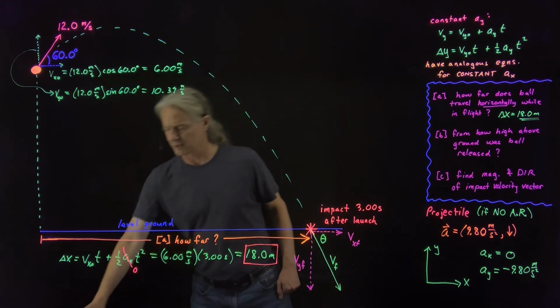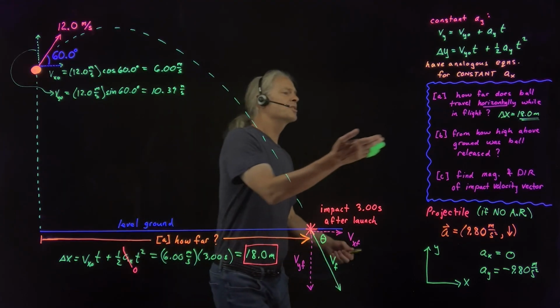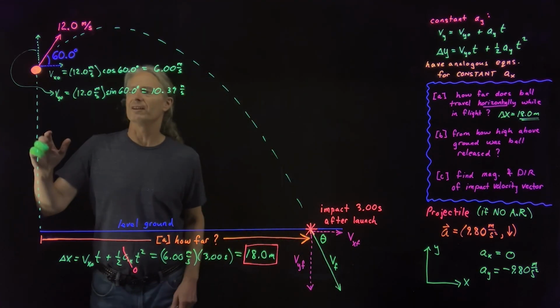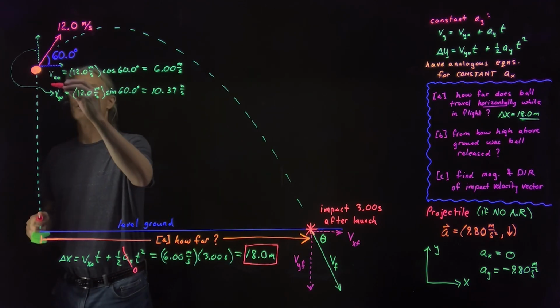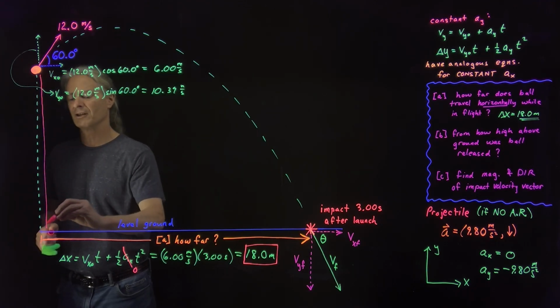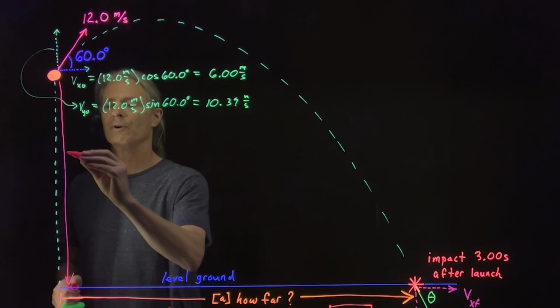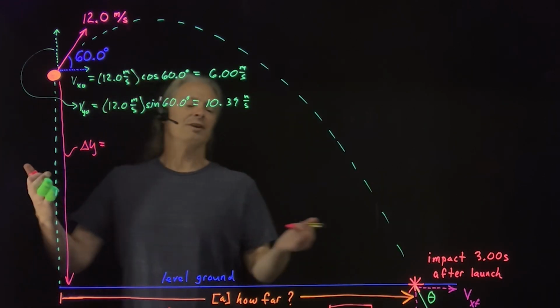So let's calculate that, and let's put it right here. All right, so this is a question about delta y. We're going to try to find the displacement from here to here. In fact, I'll sketch that out. So what I want to do is find this. This is what we're going to find along the way to getting what we want. We get this delta y during 3 seconds.